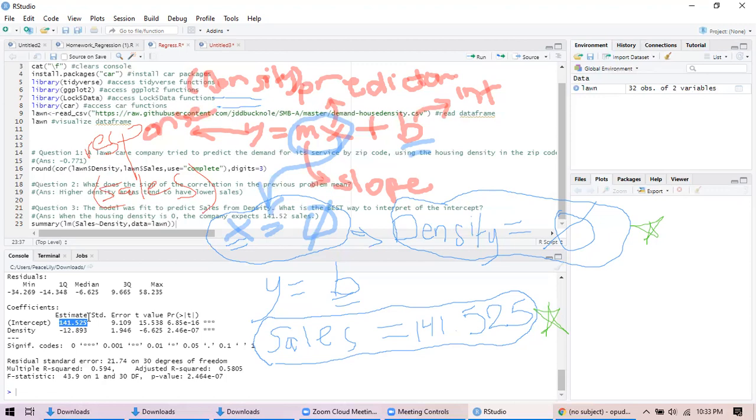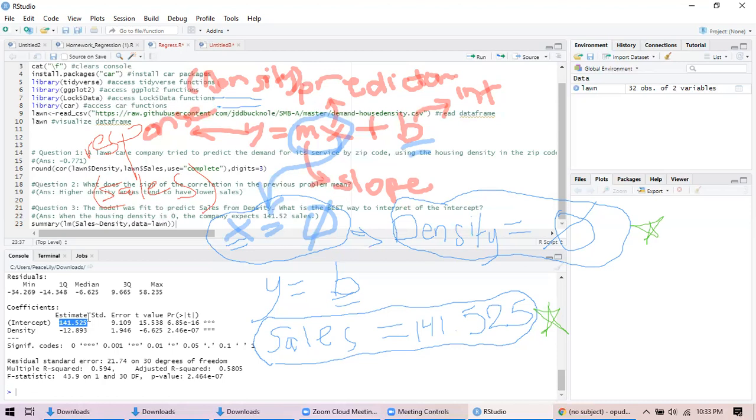So in the equation, y equals b, that's the sales. And then x equals 0, what does that mean? That equals the density, so density is 0, which means there's no housing.